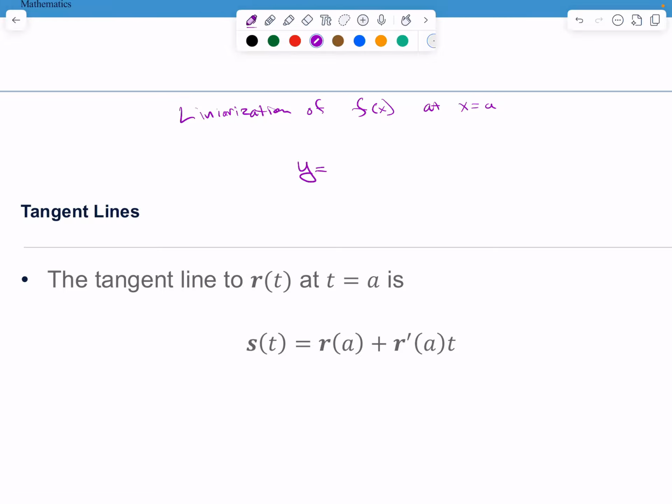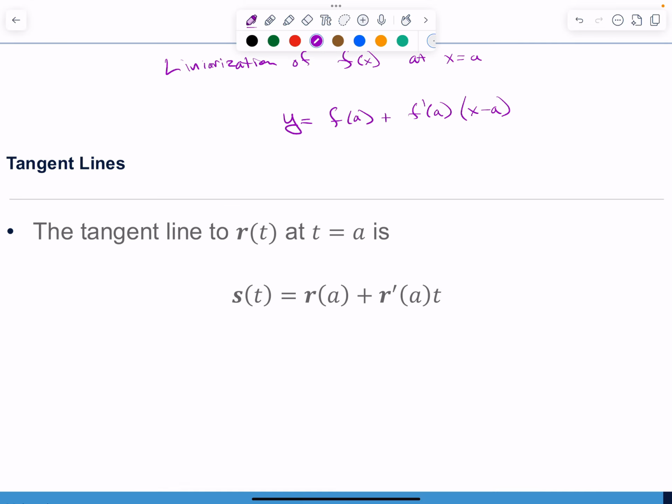Y is equal to f of a plus f prime of a times x minus a. So I wanted to point this out because this is super similar to what's going on down here. We take the position and take the direction and put them together to make a line. Same thing goes here. You have a position and you have a direction.